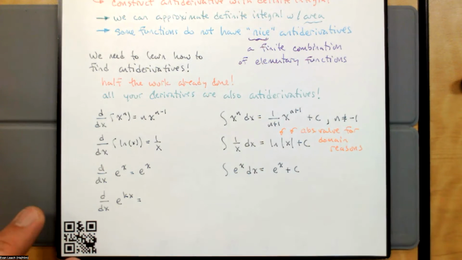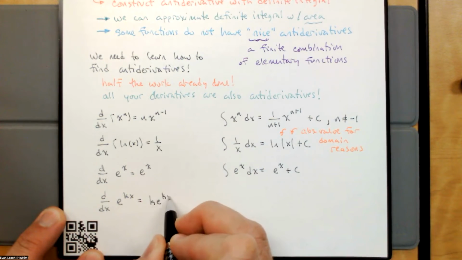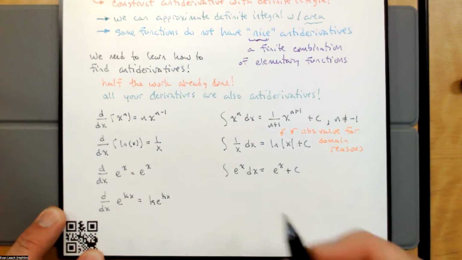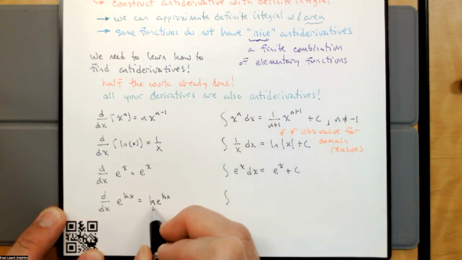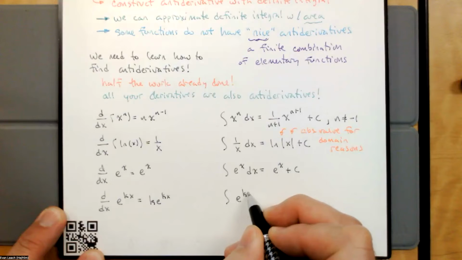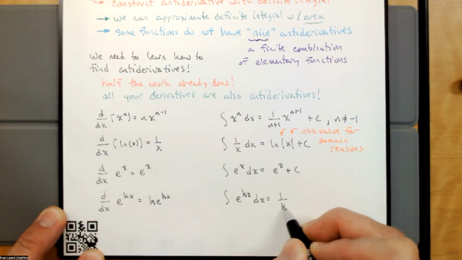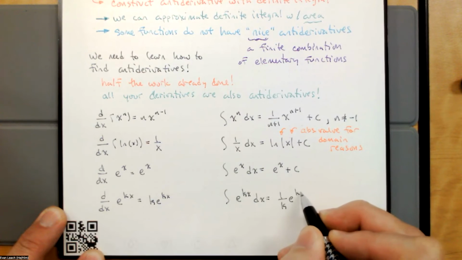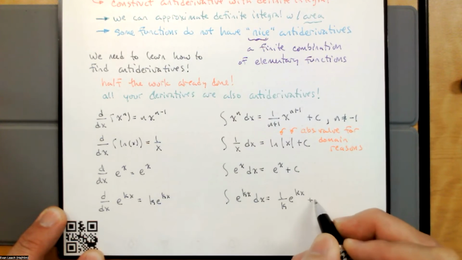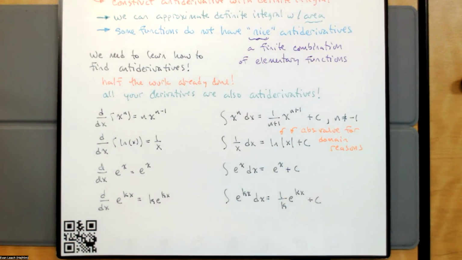So we get k e to the kx. So what that means is if we multiply by k in the derivative, then we're going to do the inverse in the antiderivative. We're thinking of the antiderivative as the inverse of the derivative.